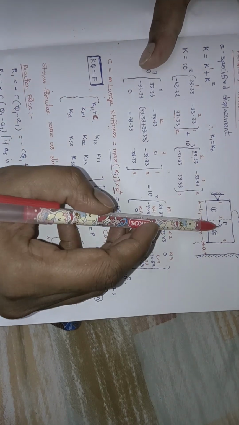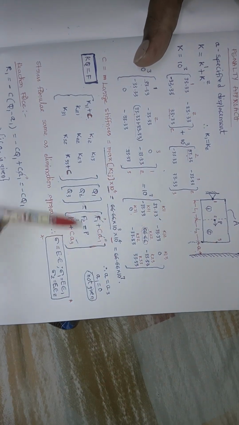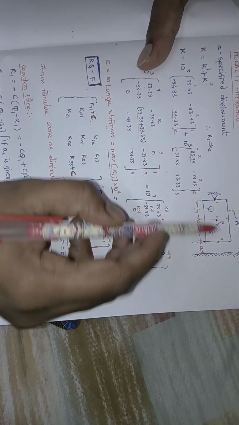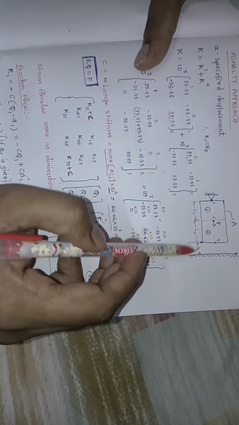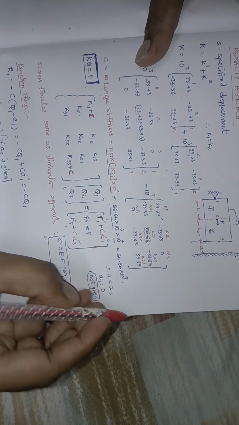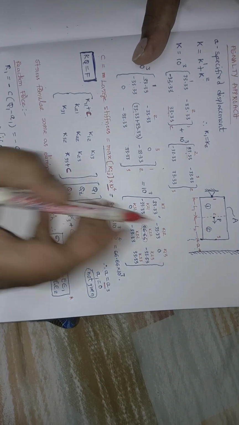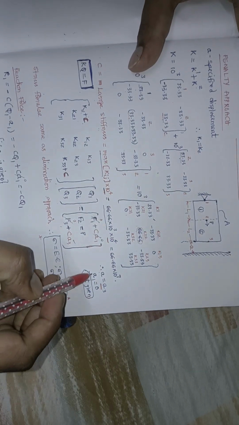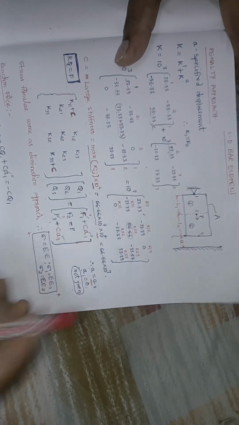Only F2 is given some load P, so you write the P value. At the third point A is there, so A3 is equal to A. At the first node A1 there is no value, not given, so it is 0.